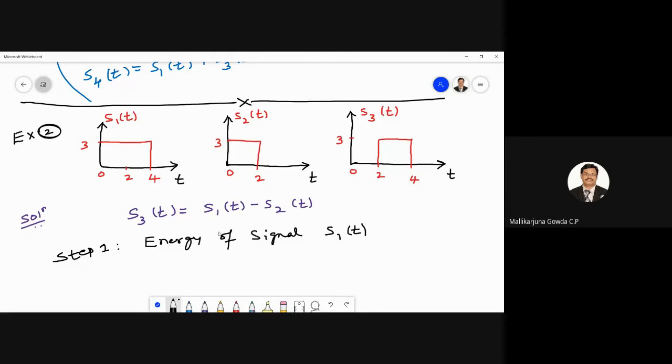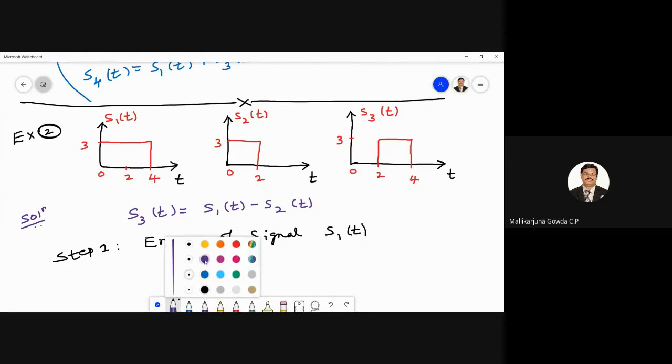I want Abhishek Reddy to tell the expression for finding the energy of the signal. Yes, sir. Can you tell me the expression for finding the energy of a signal S1 of t? Quickly you should tell me.